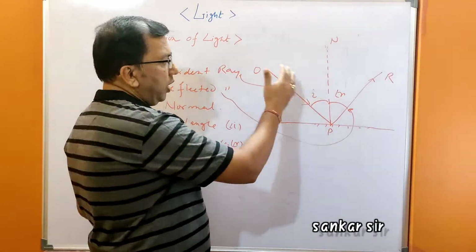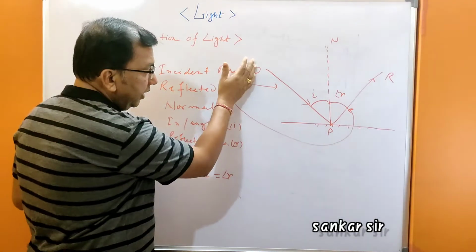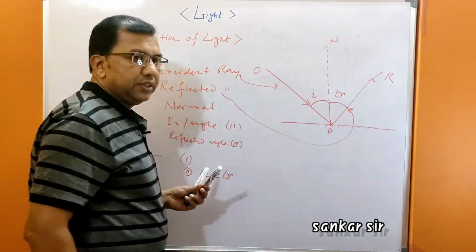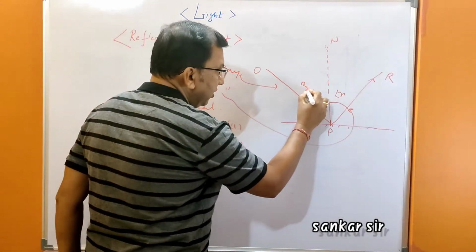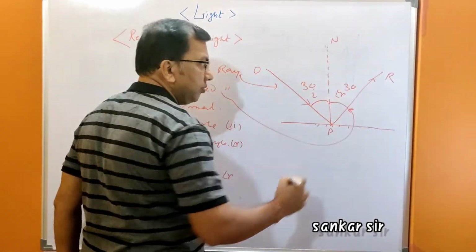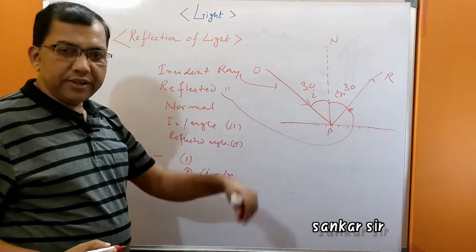That means you should always remember at which angle the incident ray is incident. If this angle is 30, this will be 30. That is I equals R.